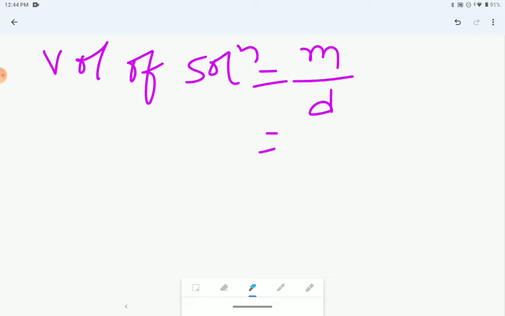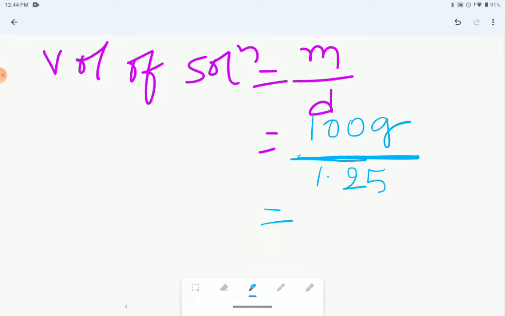Mass of the solution, let's say 100 grams. Weight by weight percentage means we considered solution weight as 100 grams. Now in that 100 grams, density is given as 1.25 gram per milliliter. So by solving this, we get 80 ml.